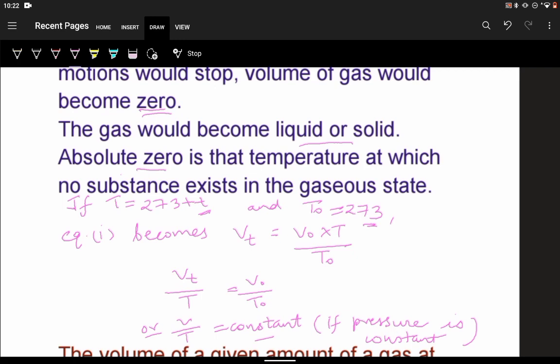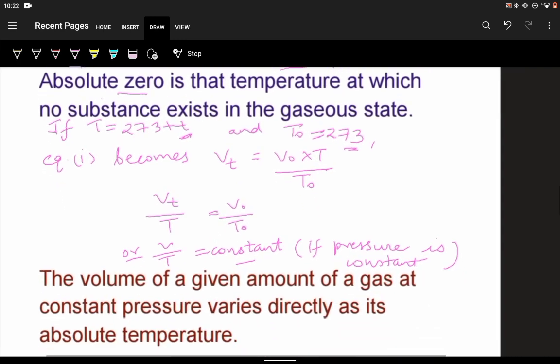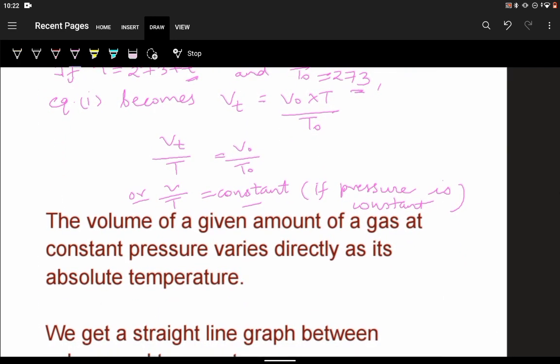But the condition remains, the pressure should be constant. Means the volume of a given amount of a gas at constant pressure will vary directly as its absolute temperature.